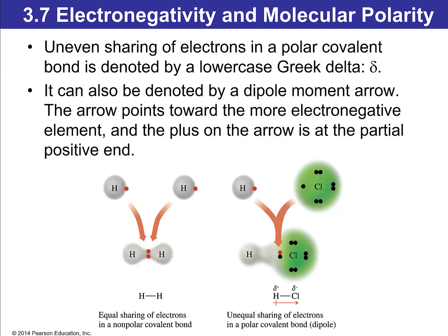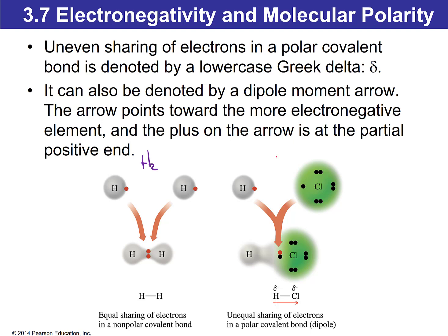So they'll look more like the second one. So the first example is hydrogen. So this is H2, right? Where two hydrogens share their electrons. They share them evenly. So you see how the pair looks like it's right in between? That's an even sharing of a covalent bond. The electrons spend half their time with one hydrogen, half their time with the other hydrogen. They go back and forth evenly.